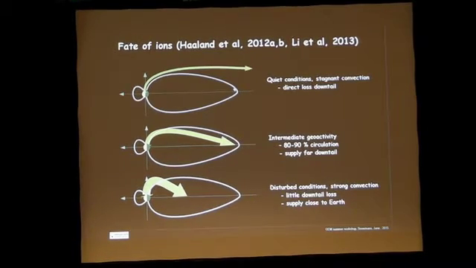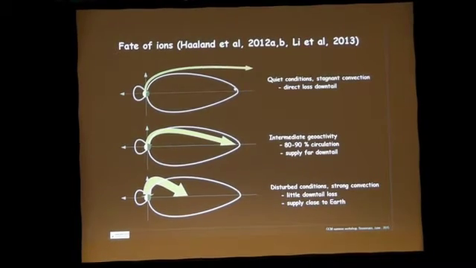You go to the opposite case. If you have very disturbed conditions, that is the lower panel here, then you have a strong outflow, but you also have a strong convection. So most of the things that come out are immediately fed to the magnetosphere fairly close to the Earth, the inner magnetosphere within perhaps 30, 40 RE.